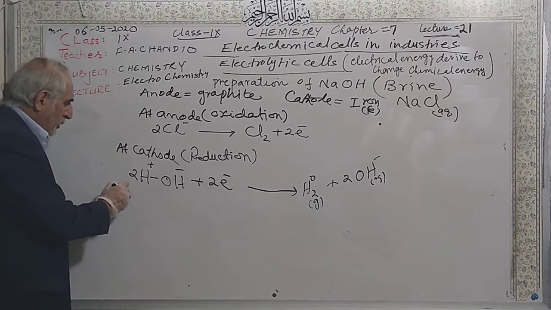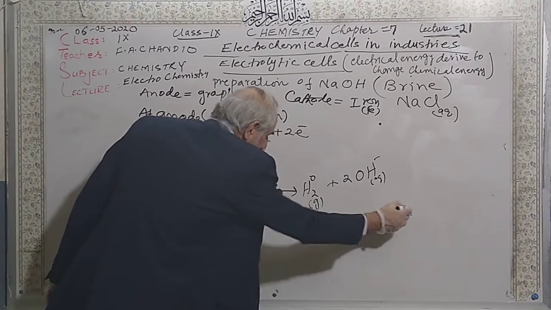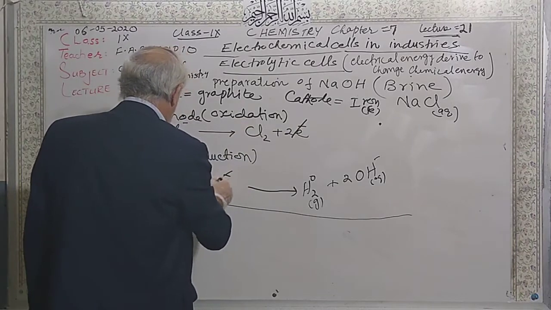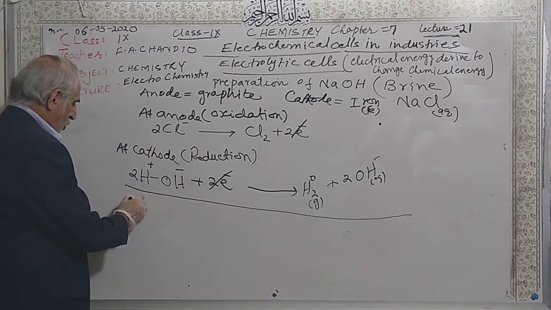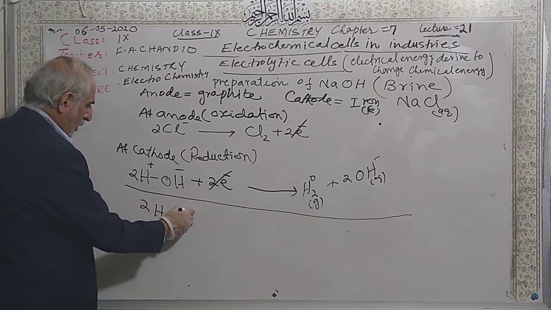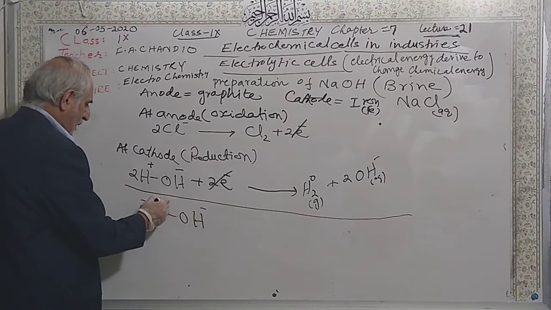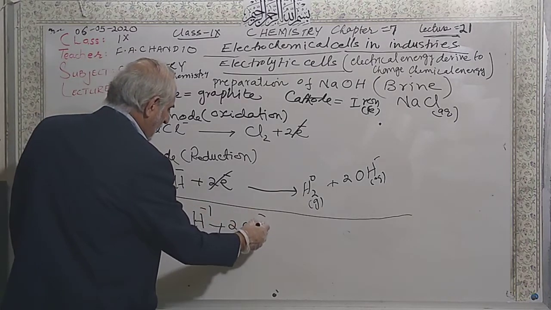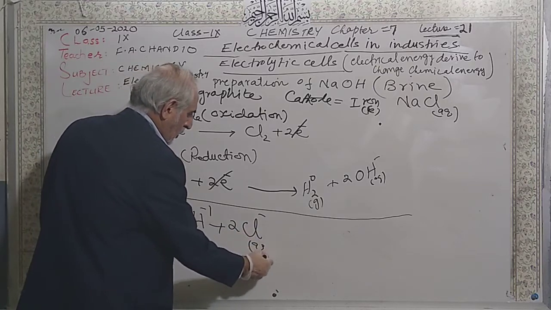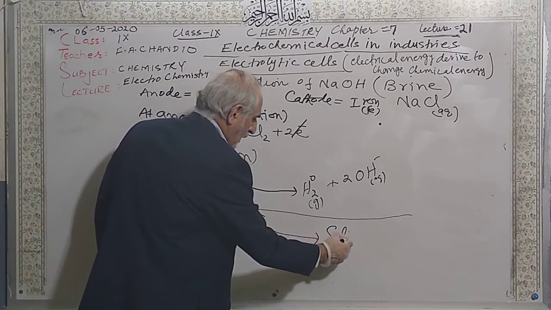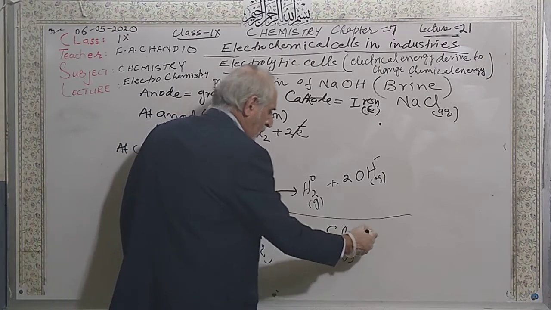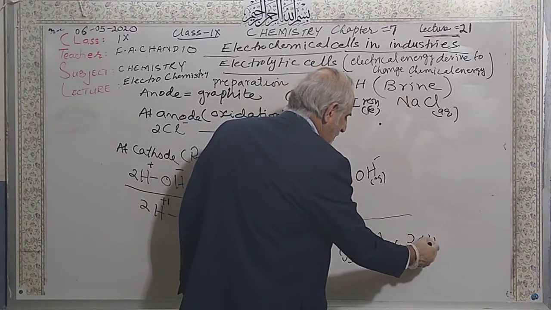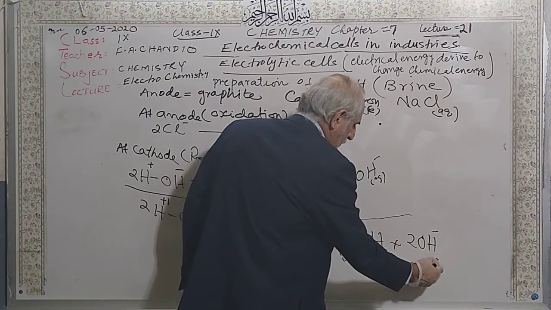Now if you add these two half-cell reactions, the 2 electrons from the oxidation and the 2 electrons from the reduction are cancelled out. So chloride ions in aqueous solution make chlorine gas at the anode. Hydrogen gas will collect at the cathode and the hydroxyl ions remain in the solution.